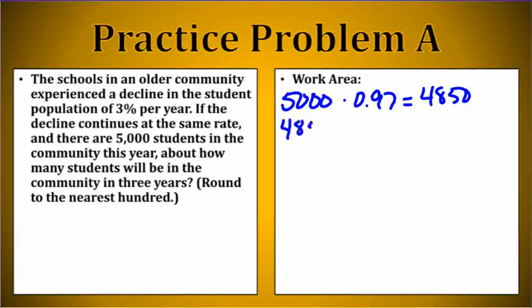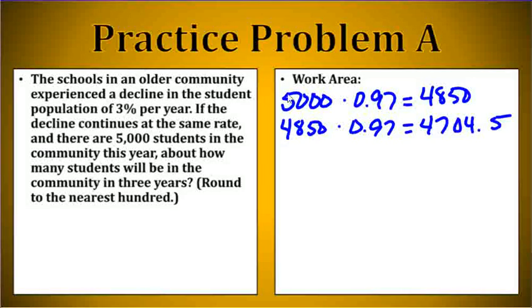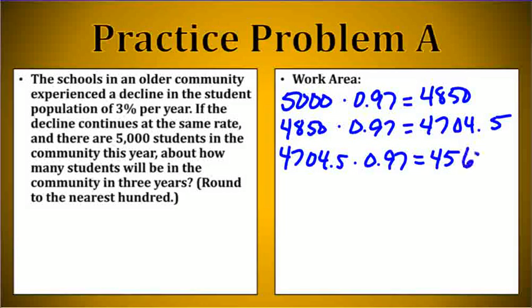And then 4,850 times 0.97, so another 3% decrease, would give us 4,704.5. And then the third year, we have 4,704.5 times 0.97, another 3% decrease, or just 97% of the previous year, which will give us 4,563.365.